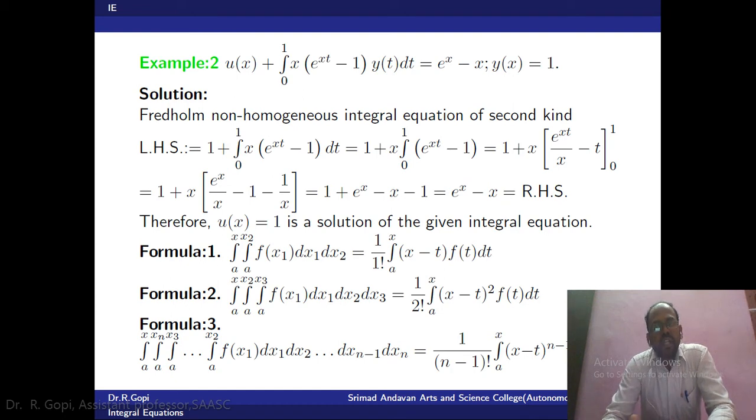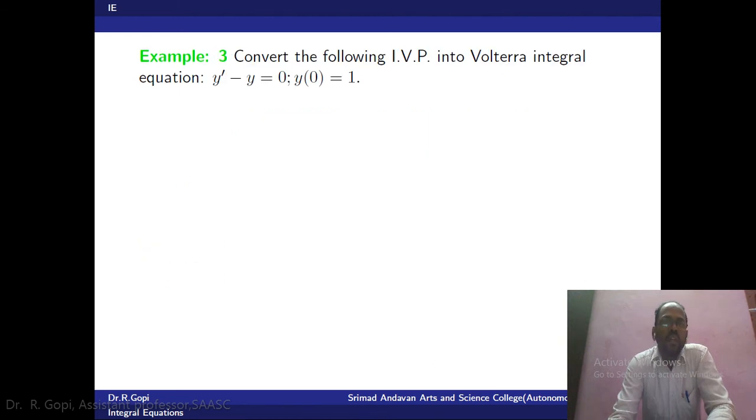So the nth formula is the integral a to x and so on of f of x1 dx1 up to dxn equals 1 by (n minus 1) factorial times the integral a to x of (x minus t) whole power n minus 1 times f of t dt.